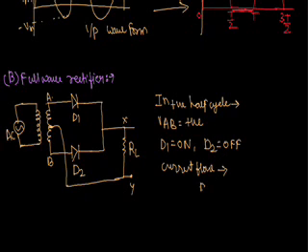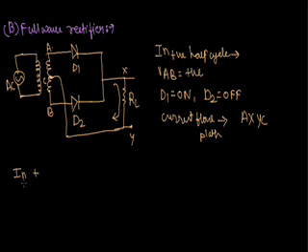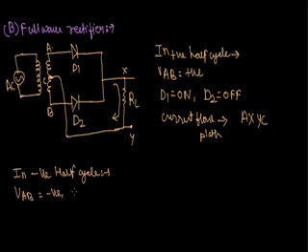The current flow path will be A, X, Y and then C, the center tap. So current will flow in this direction. Now in the negative half cycle, VAB is negative, so D1 is off and D2 is on. So current will flow from here to here in this direction.